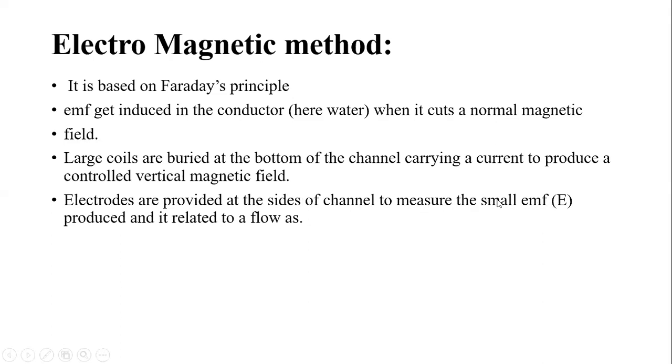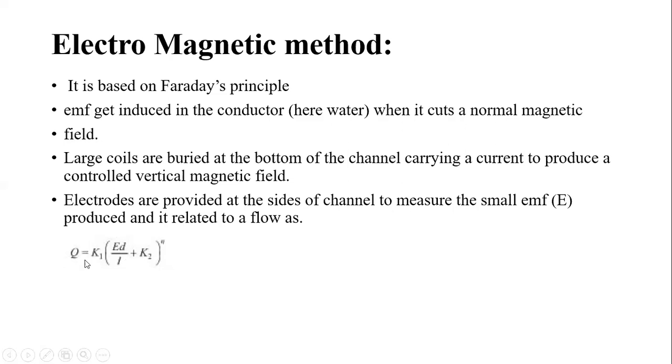They measure the small EMF E which is produced, and it is related to the flow as Q = K1 (ED/I) + K2 raised to n, where E is the generated electromotive force, I is the current, and D is the depth.